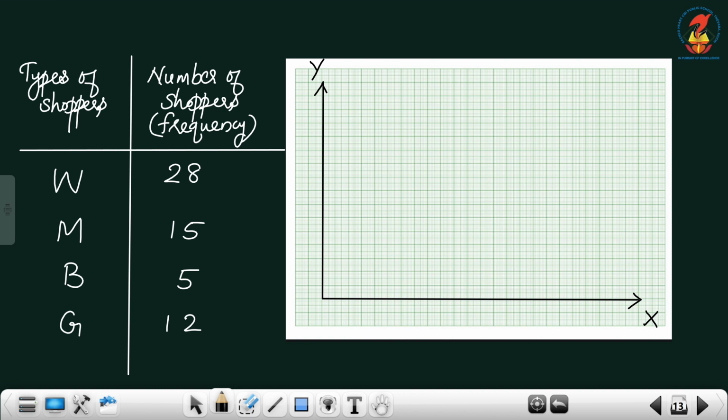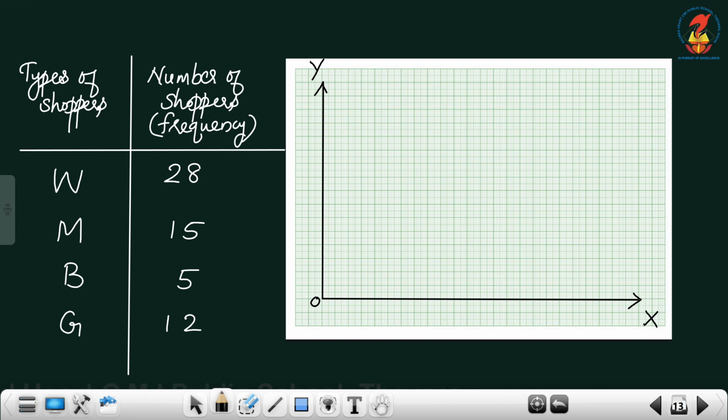Now here if we mark it as 0, how can we take the scale? 1 centimeter is equal to how many shoppers can you take. The maximum value is 28: 2, 4, 6, 8, 10, 12, 14, 16, 18, 20, 22, 24, 26, 28. We will get it.